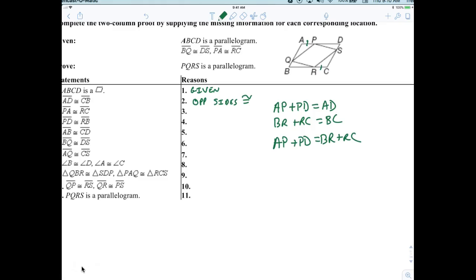Then you just take out AP and RC. Technically we would have to come over here and say that RC is the same as AP. Is everybody with me now? That's a substitution. And then subtraction: you would say that PD is equal to BR.